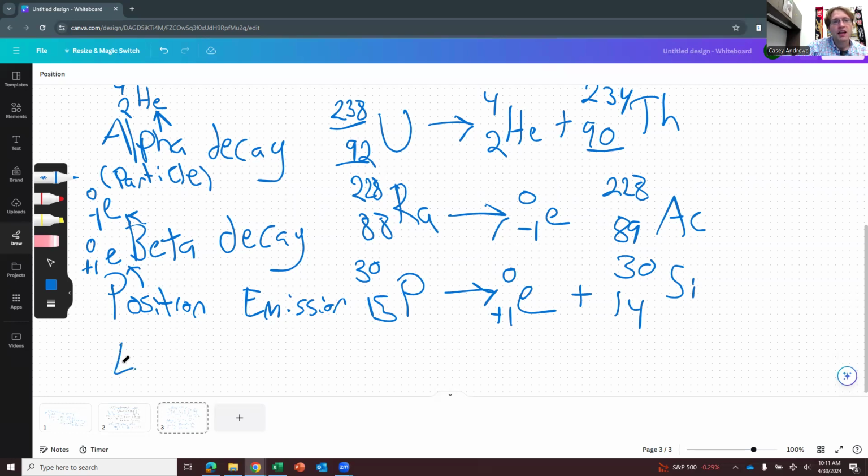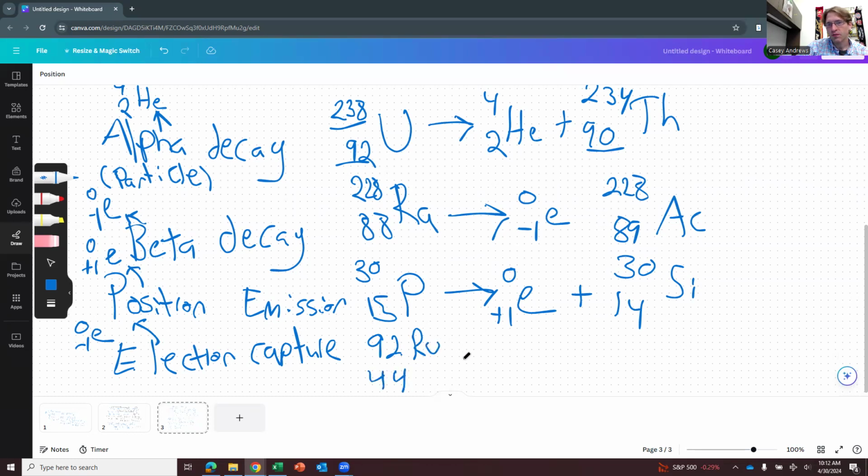All right, the last type of reaction is the electron capture. This one is different in that you're going to have a new reactant. And our reactant, as given by the name, is an electron. So here, let's do Ru-92.